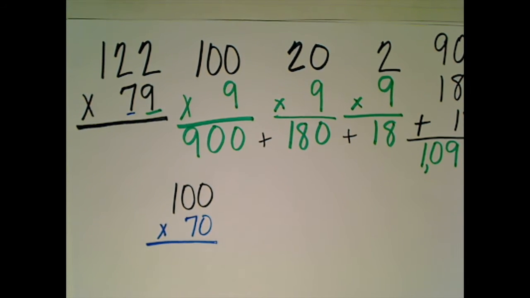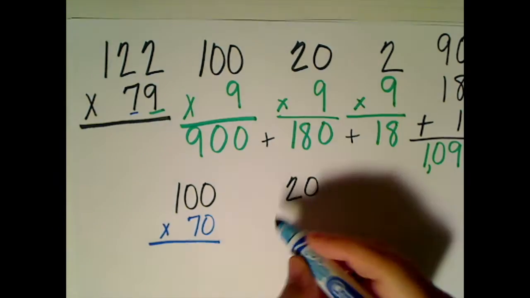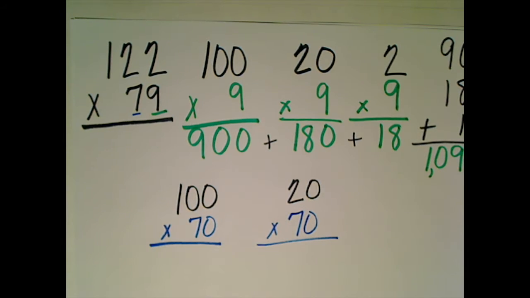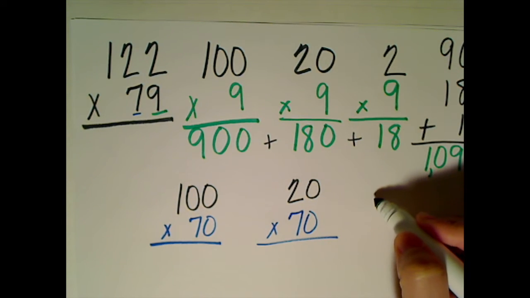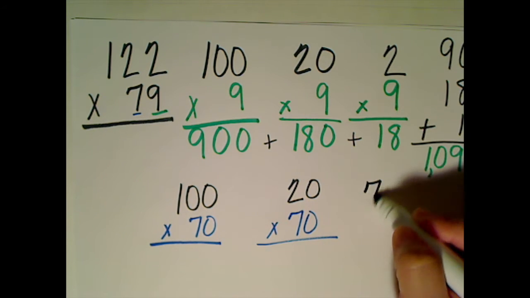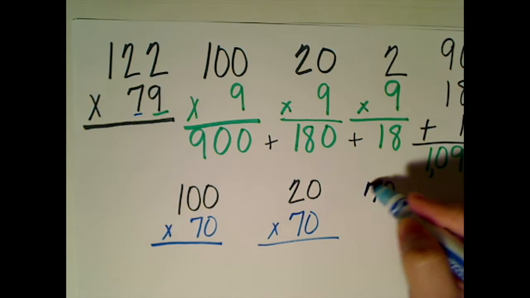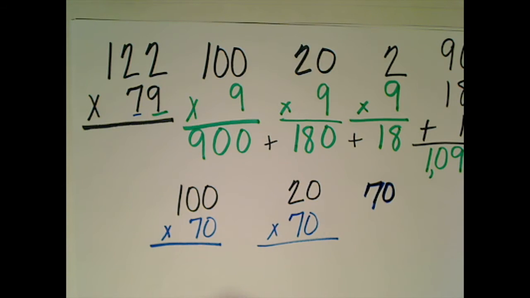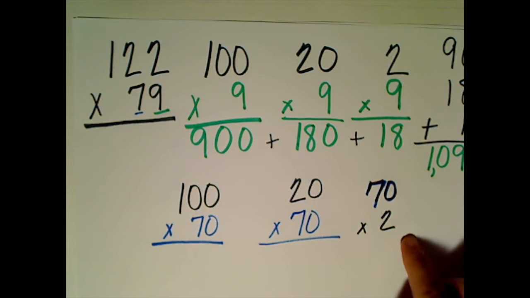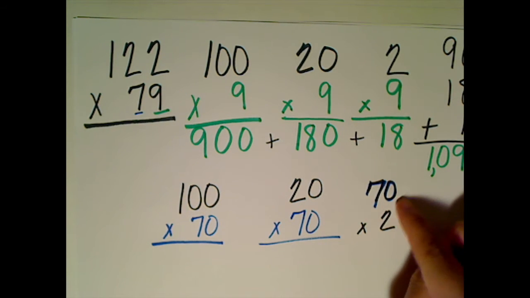We're going to say 20 times 70, and we're going to say 2 times 70, but I like the big number on the top. I hope this doesn't confuse you. Times 2, it's the same thing. Factors are factors. They can be switched around. So this is the same as saying 2 times 70 or 70 times 2.